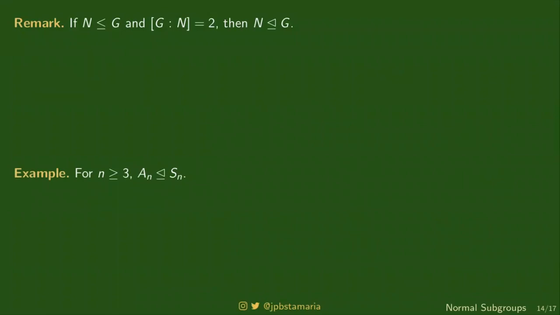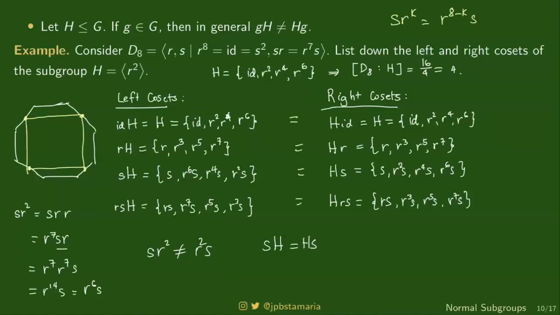Pero yung kaninang example ko, saan ba yun? Let me go back to that example. Ito, si H ay normal, pero ang index ng H ay hindi 2. It's 4 actually. Ito naman 1/4 or 25% ng group ang size niya. 1/4, yun yung sabihin ng 4 na index. 1/4 lang siya ng buong group.